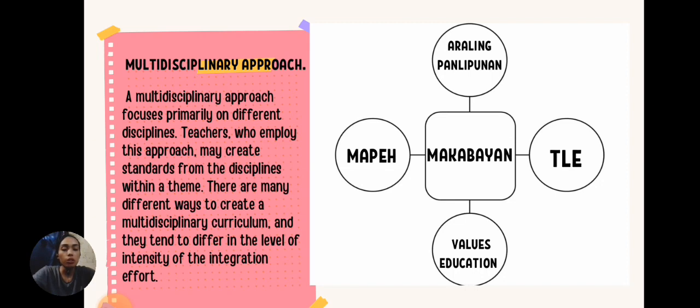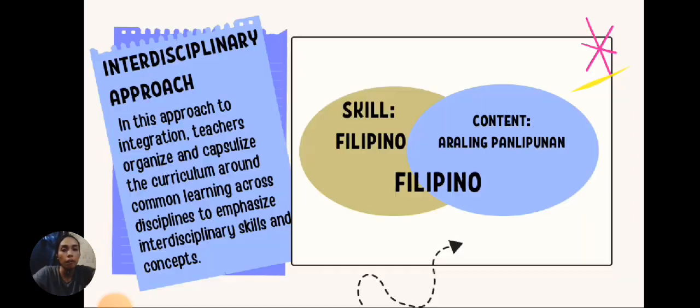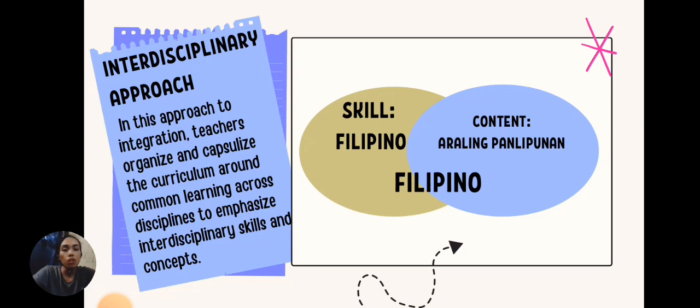When you teach history and at the same time integrate economic topics, it is an interdisciplinary approach, because it is within the discipline. Another example, when I teach science and the topic is chemistry, and I integrate biology in the topic, it means interdisciplinary. It is within the subject area. In this approach to integration, teachers organize the curriculum around common learning across disciplines to emphasize interdisciplinary skills and concepts.